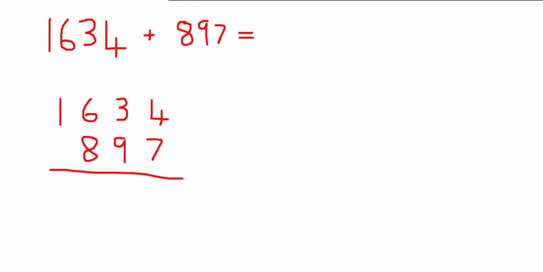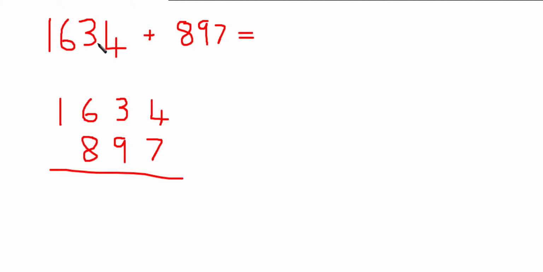That's why it's called column addition. It's very important in column addition. In fact, it's absolutely essential that you put the right place value over the right place value. So here we've got thousands, so we put thousands here. This number's got no thousands, so there's nothing there. This number has got 600s, and this number has got 800s, so we line up the hundreds.